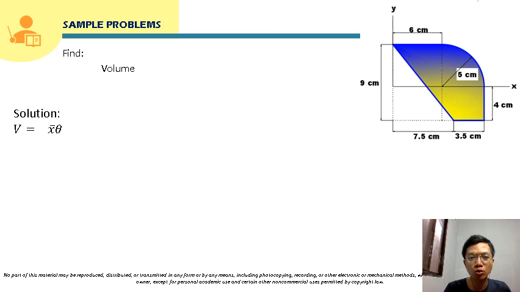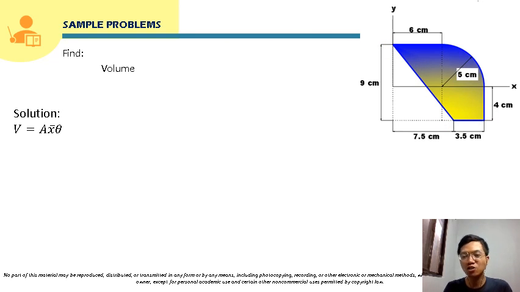We are going to use the formula volume equals A times x bar times theta. We are going to use x bar here since we are going to revolve the shaded area about the y-axis. So what we need is the x coordinate of the centroid of this composite figure.